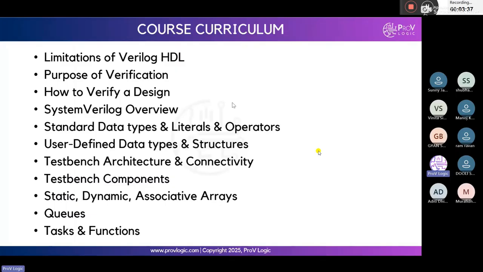Our course is mainly about industry oriented learning; you are not going to learn only definitions. Everything we will give as a clear concept in terms of industry. Every concept we are going to apply practically, even data types, arrays, functions, queues. Whenever you are learning, you need to follow the same.